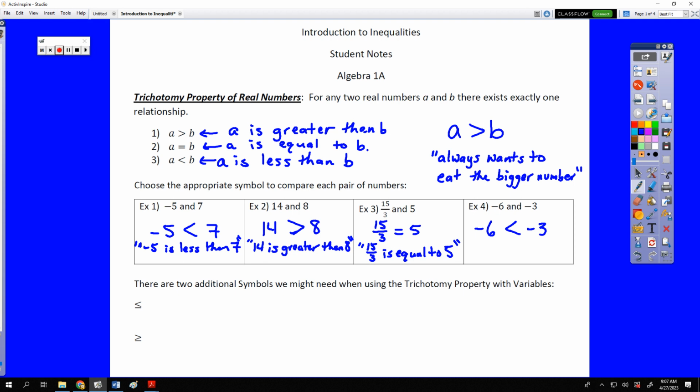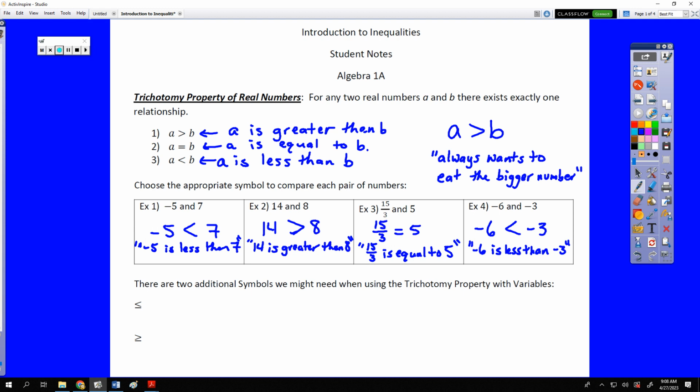Okay, -6 is less than -3. When in doubt, think about the number line. If you think about a number line, whichever number is further to the left is smaller. Whichever number is further to the right is larger.